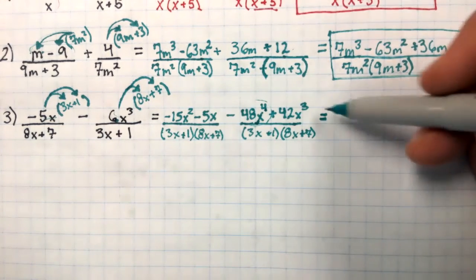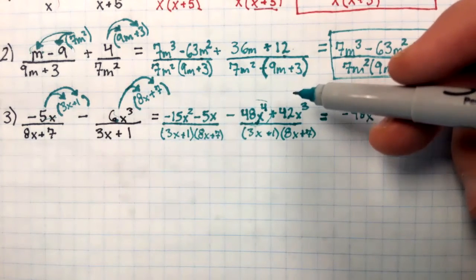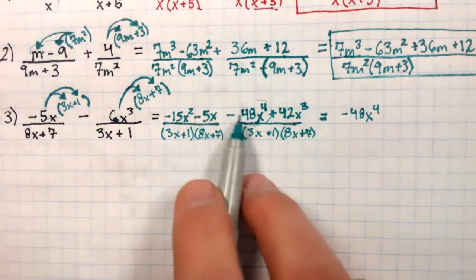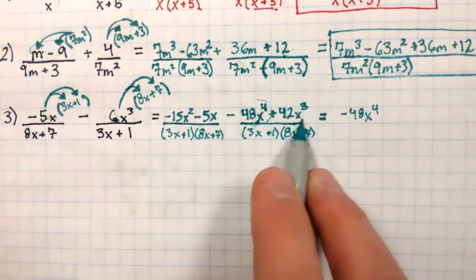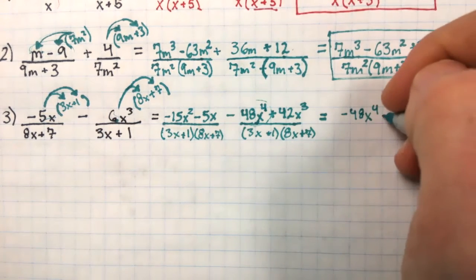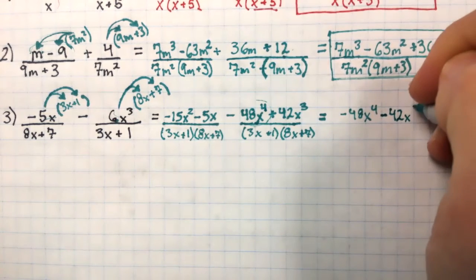Do we have a cubed? We do. Again, be careful when it's a subtraction problem. Remember, we are actually subtracting this term. So it won't be 42x cubed. It's actually going to be minus 42x cubed.